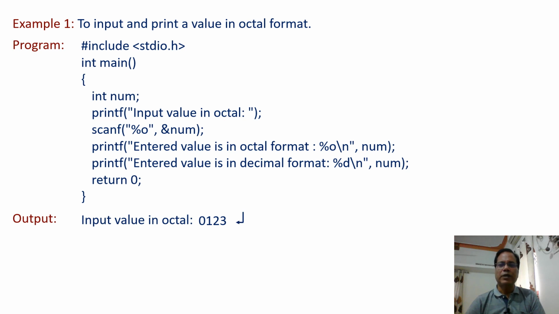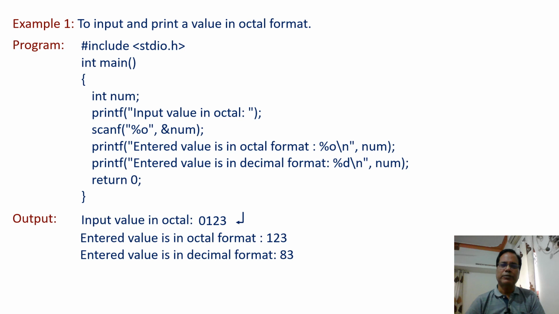It is inputted when we press the enter key, and then the program moves forward. It is taken in and stored in the variable num, and using the next two printf statements, the value of the octal number gets printed in octal format as well as decimal format.